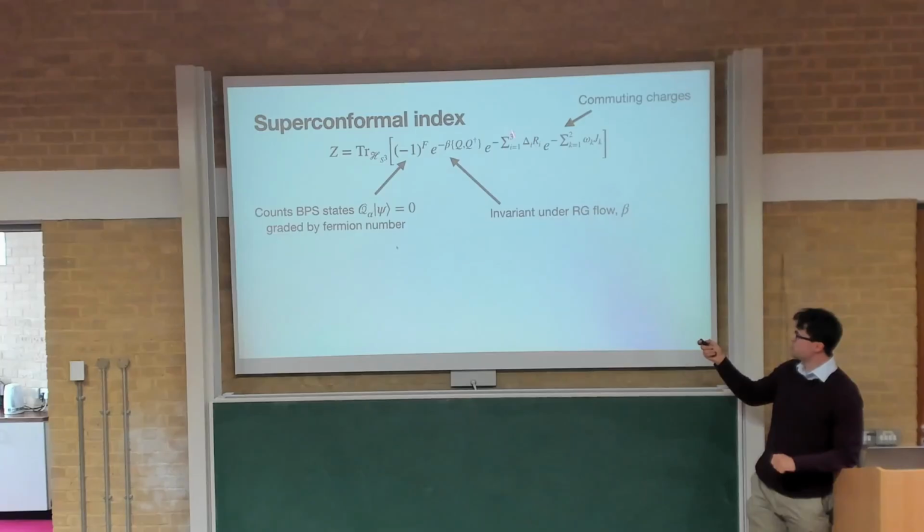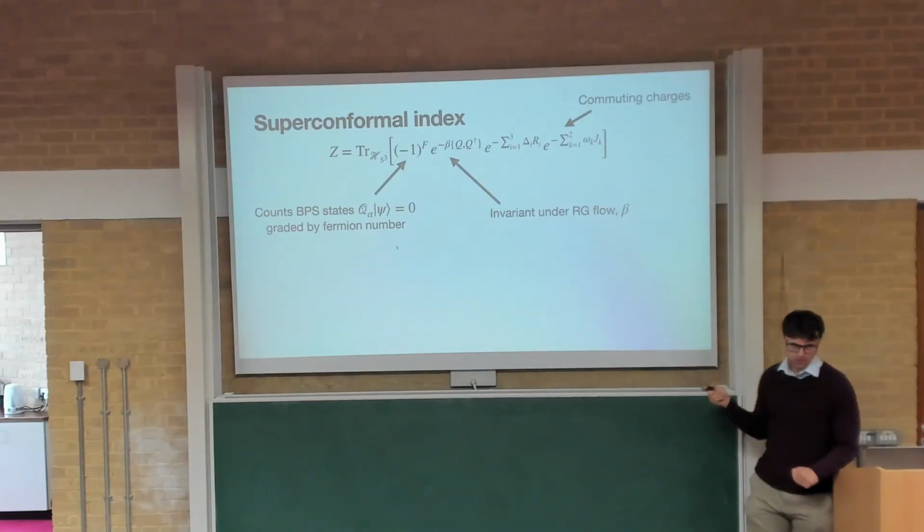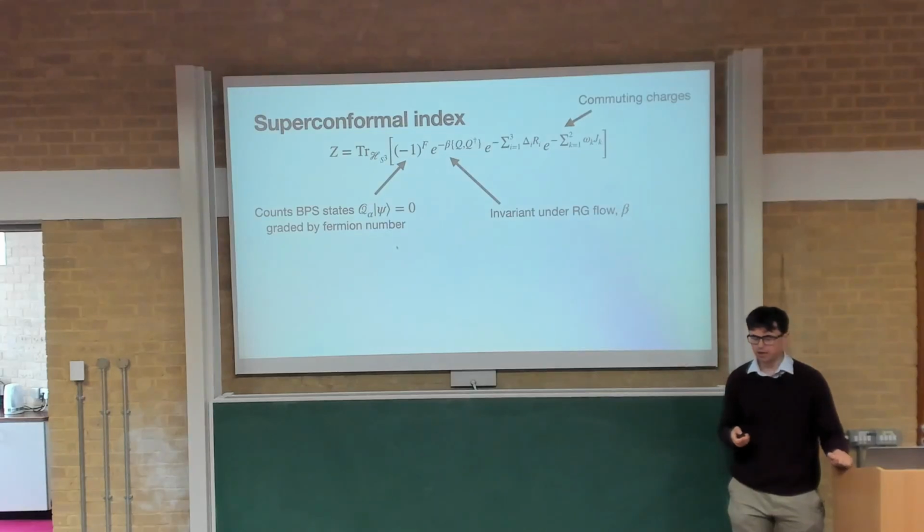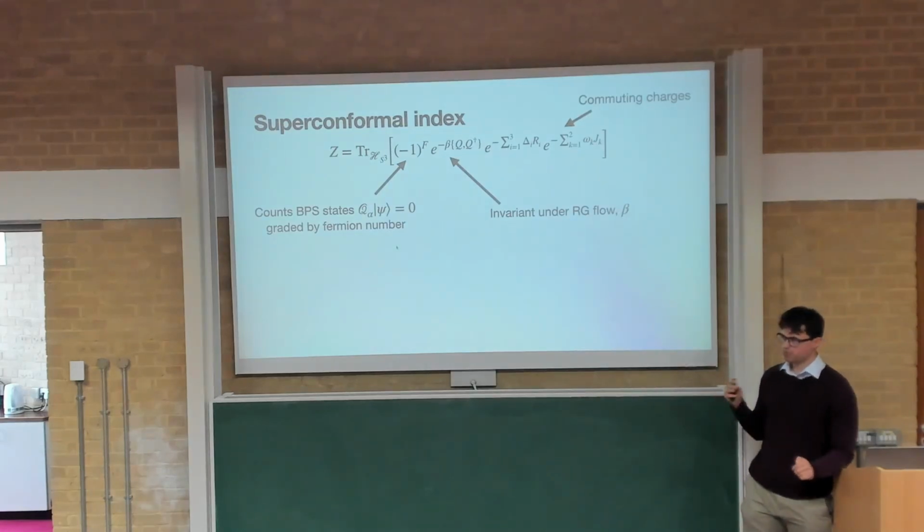And we're also free to insert a few chemical potentials in here. So here we have three chemical potentials from the R charges. In the field theory, these come from the SU(4) R charge. In the gravity theory, they correspond to rotations of the S^5, which has SO(6) symmetry.